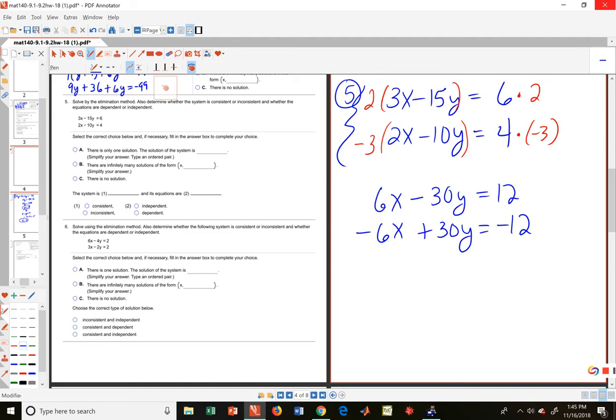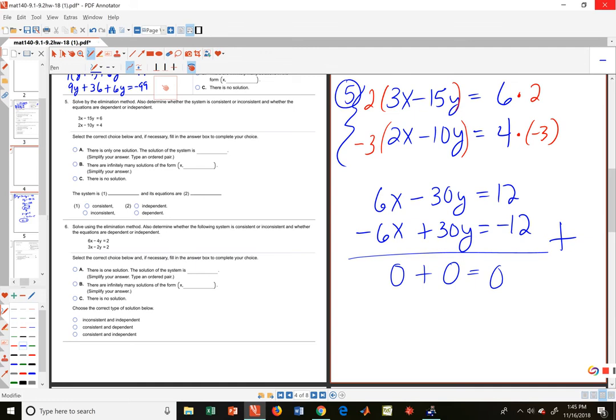Now, there are a few things that happen here. At first it seems a little disconcerting, but when you add these together, you get 0 plus 0 equals 0. I'm adding the equations together, and so 0 does equal 0. Unfortunately, we've eliminated all the variables.